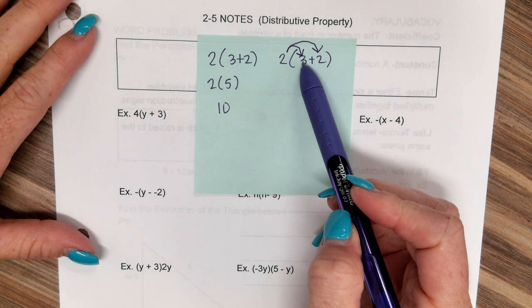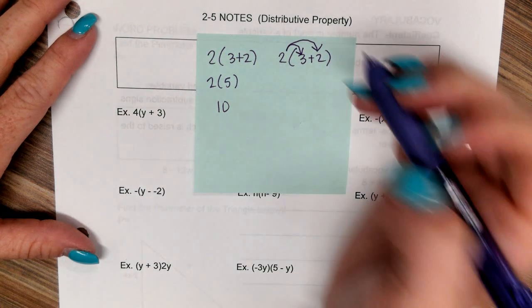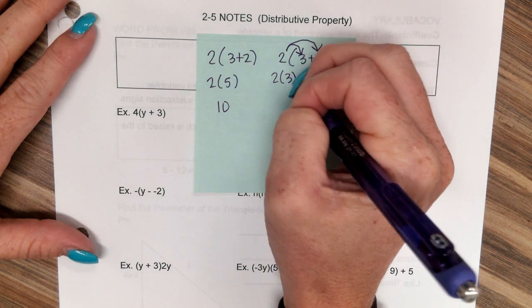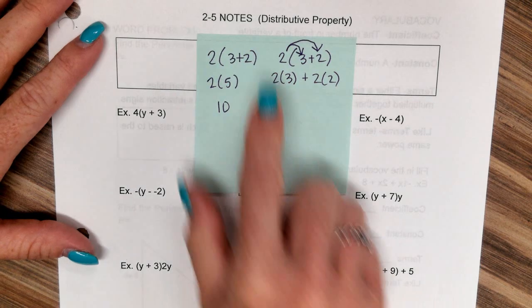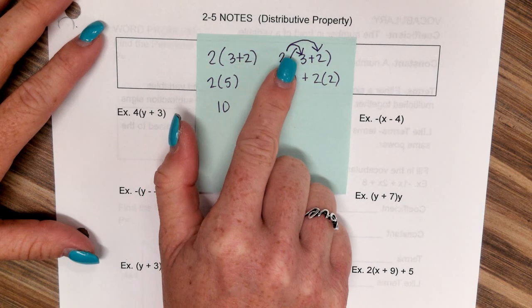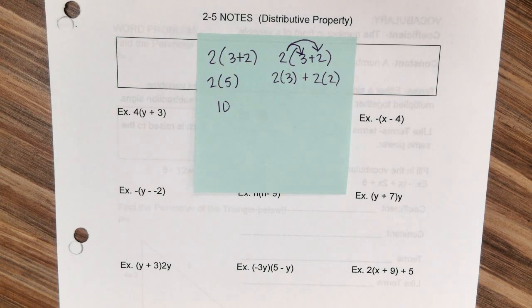So 2 times 3 plus 2 times 2. What did I do? I distributed the 2 to everything in parentheses. Are we okay? To distribute means to give out. So I gave the 2 out to everything in parentheses.